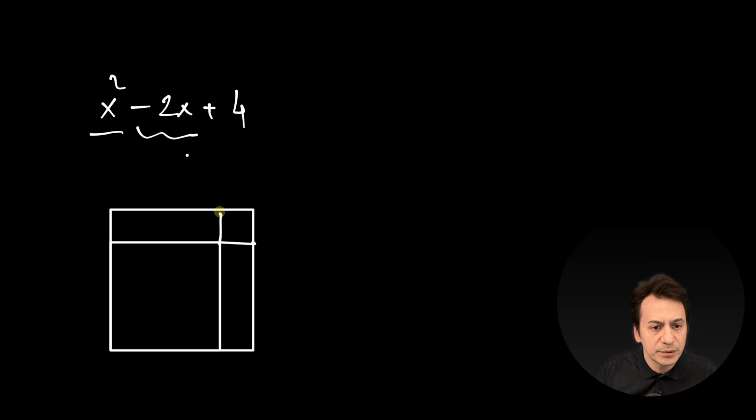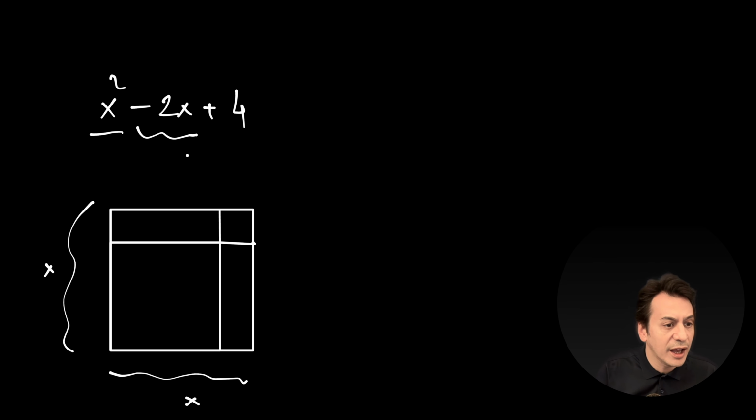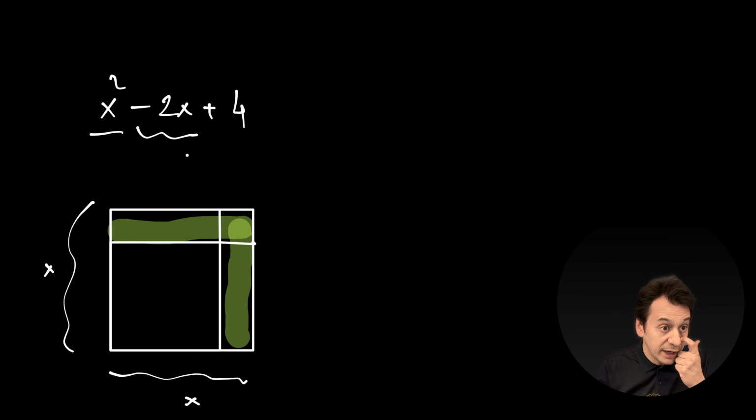You can check our previous videos if anything seems new to you. Here's my x squared, so the side length of this square is x. Here are my x's, and I subtract 2x. I know very well that of this 2x, 1x comes from this side, and 1x comes from this side, right?